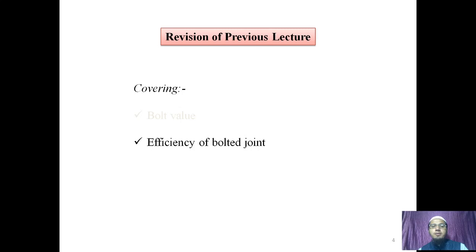Now what is meant by efficiency of a bolted joint? We also discussed it in the previous session. Yes, you are right. Efficiency of a bolted joint is the ratio of the bolt value, or strength of the bolt, to the solid strength or full strength of the plate, expressed as a percentage.